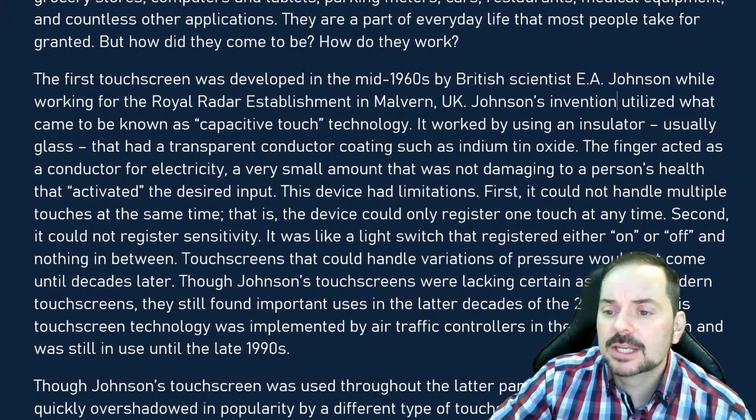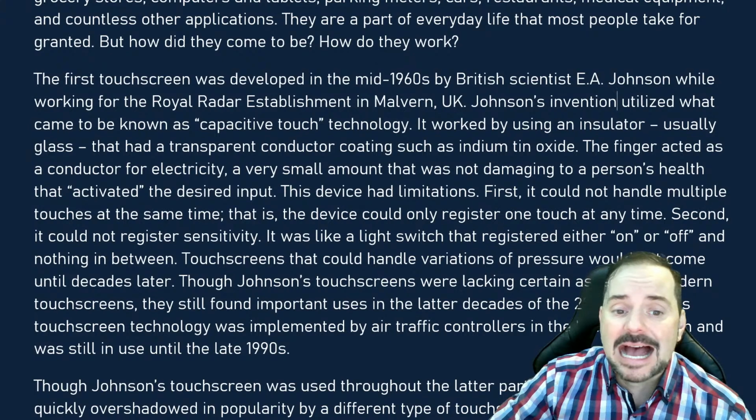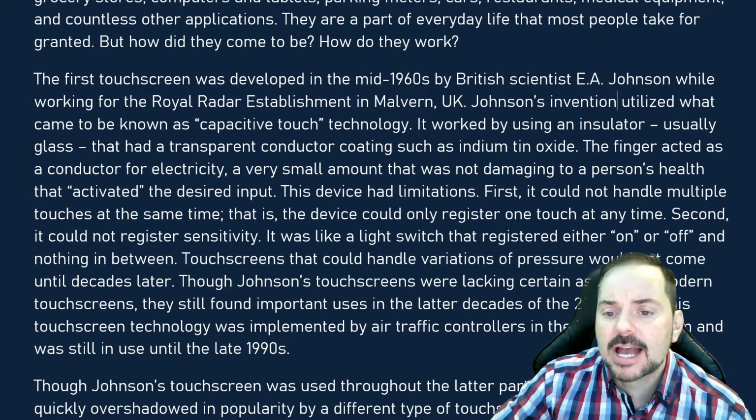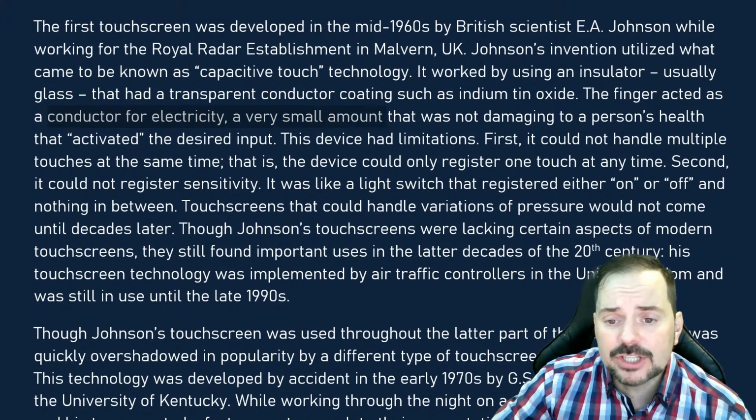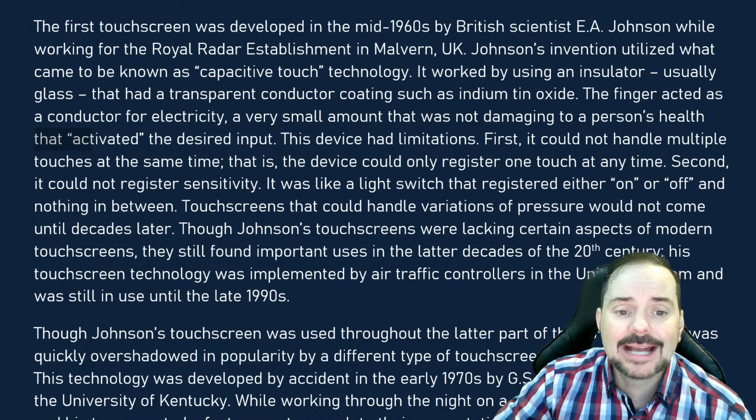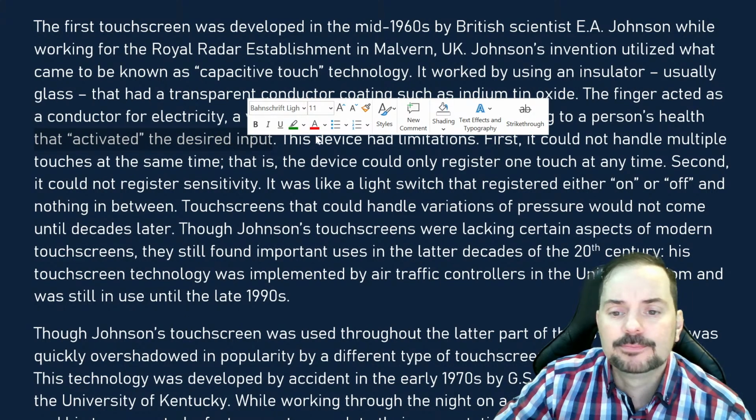It worked by using an insulator, usually glass, that had a transparent conductor coating, such as indium tin oxide. The finger acted as a conductor for electricity, a very small amount that was not damaging to a person's health, that activated the desired input.